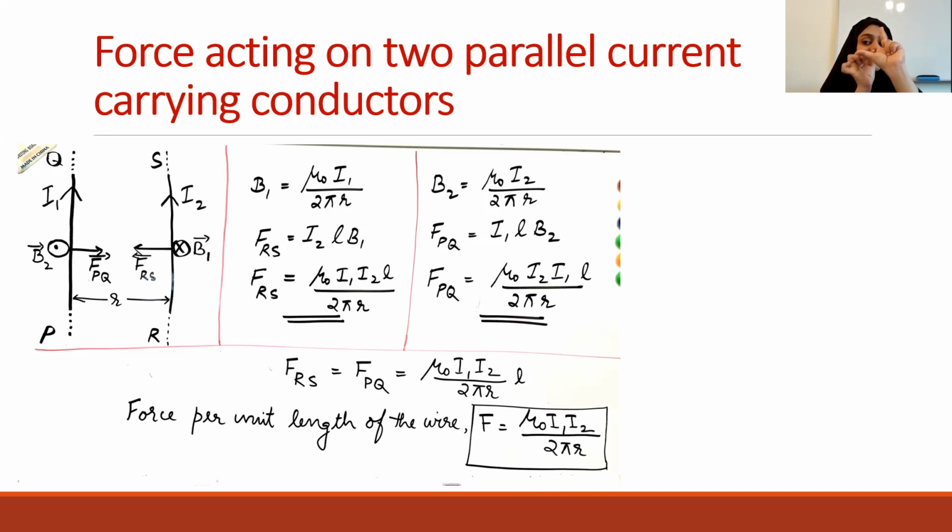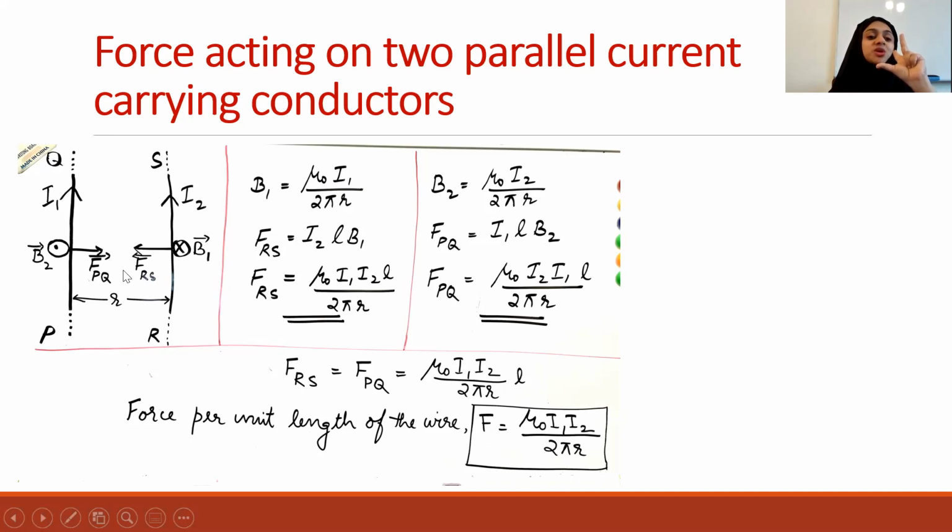So the first finger is pointing towards my nose, that is out of the screen, and the second finger, the middle finger, is pointing upwards. And now see, the force is in this direction, that is towards this wire RS.